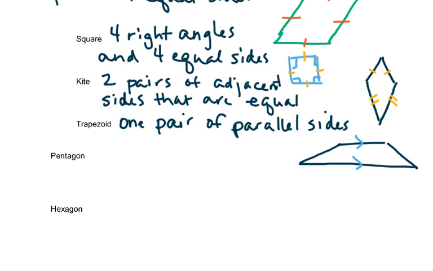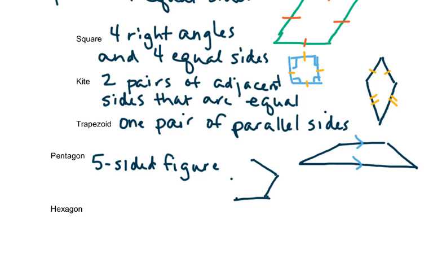All right, a pentagon has five sides, so it's a five-sided figure. And the easiest way to sketch the following things is to put dots down in a circle first and then connect the dots with segments. So a pentagon has five sides, so I'm going to put five dots down and then I'll connect them.